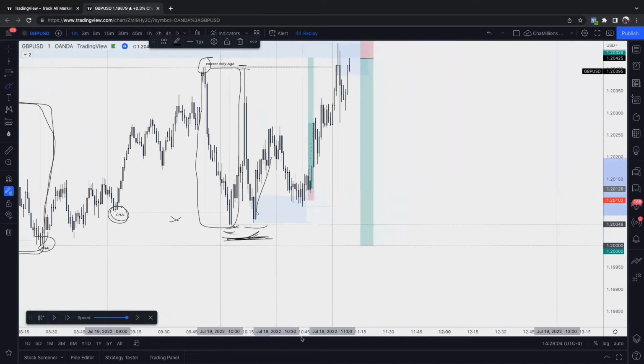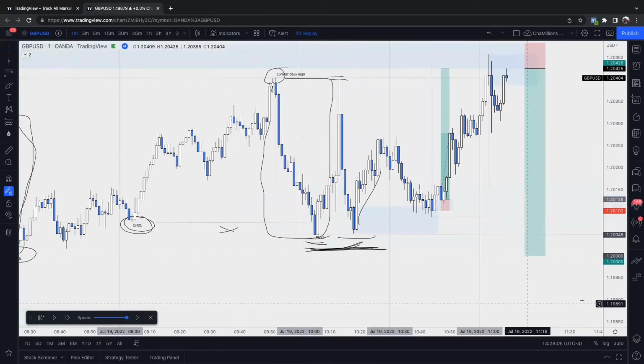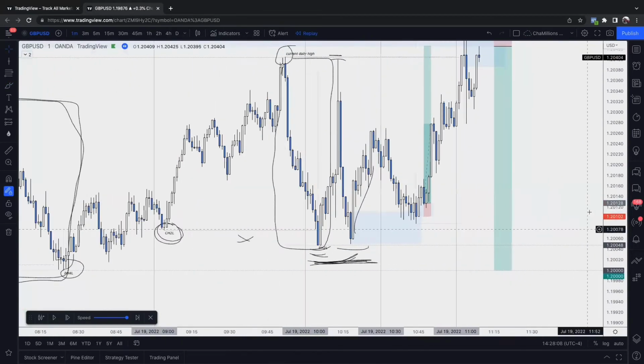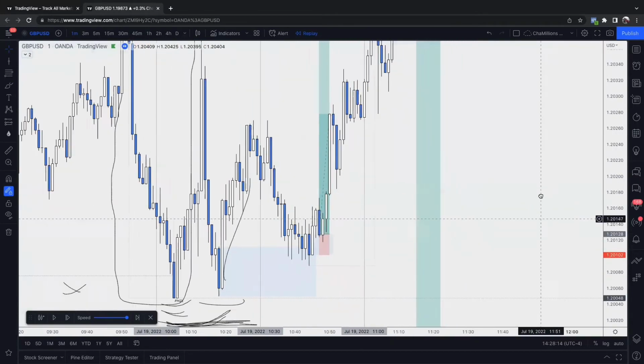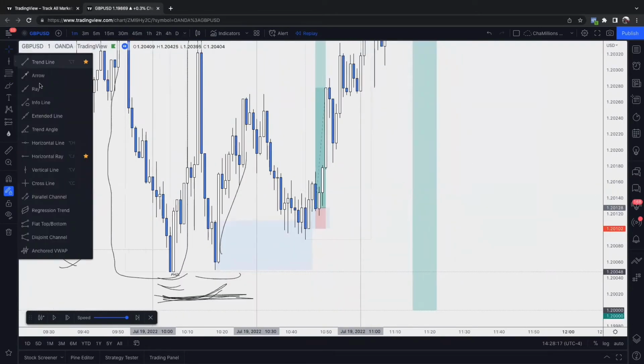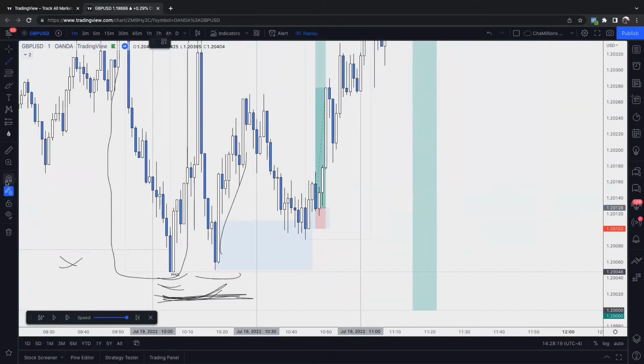Now, the cool thing about this buy here, if we just zoom in, is that if you wanted to really maximize your RR, you could enter here, or from a seconds perspective, but you don't need seconds at all. You do not need seconds.